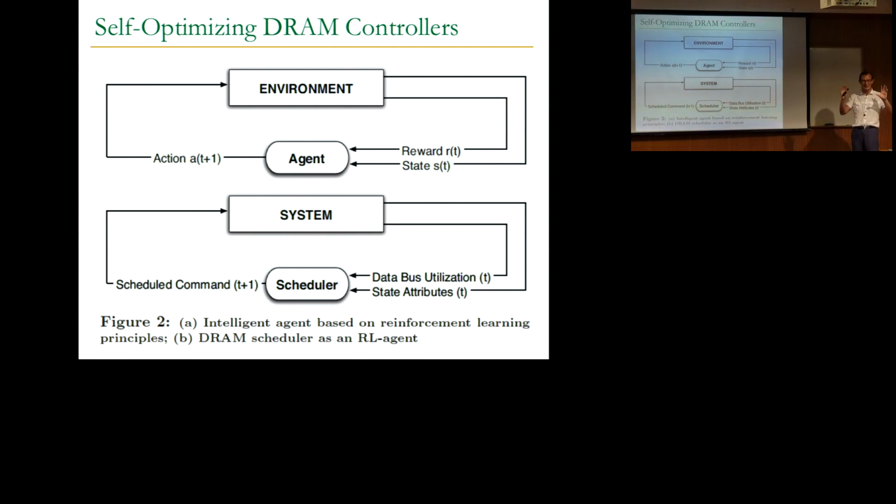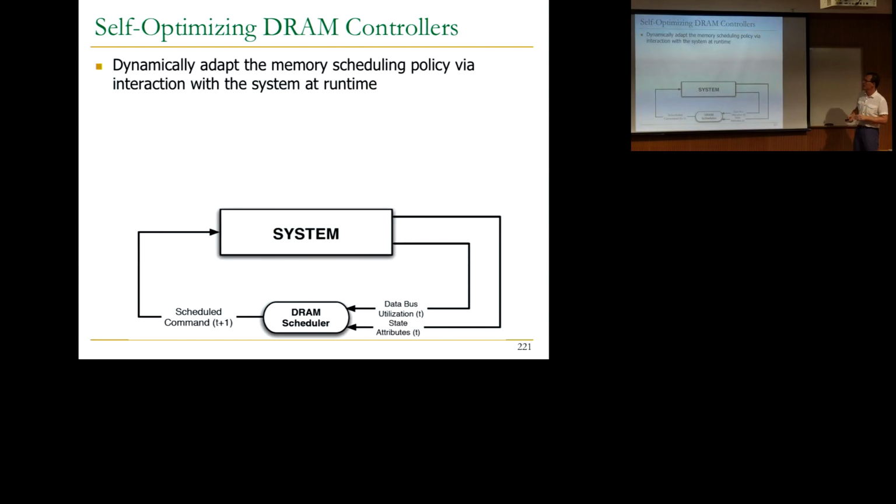Everybody's very excited about neural networks, but it may not fit very well because that theory may not match what we have over here. So our goal was to learn to choose the actions that maximize a long-term reward value. And long-term reward value is the reward you get at time 0 plus the weighted reward that you get at time 1 plus the weighted reward that you get at time 2, and so on. That's how you actually learn to maximize a long-term reward value. This is classic reinforcement learning theory, so you can read the paper for a bit more detail.